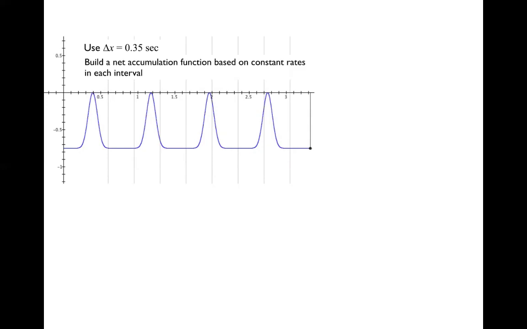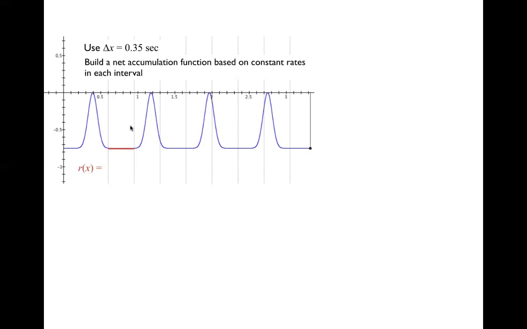If we have a constant rate of change, we can use dy equals mdx to get a little bit of change, dy, and that's very straightforward and simple. So we're going to build a new rate function based on this one, that's trying to be like this one, but is made up of constant rates.